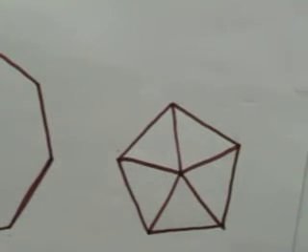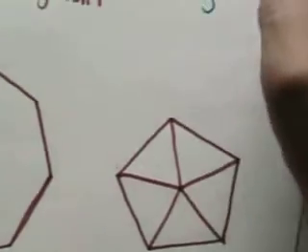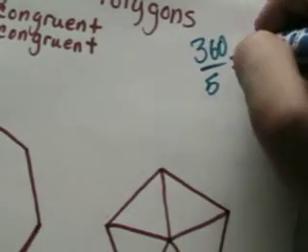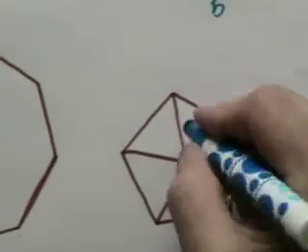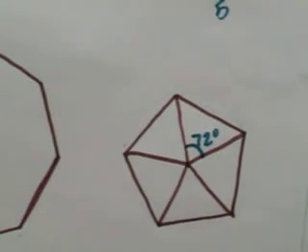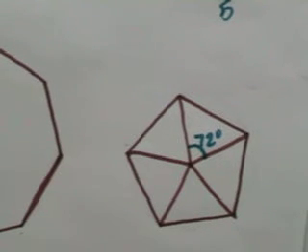I'm going to find the central angle by doing 360 divided by 5, and I'm going to get 72 degrees. So I know that all of these angles right there are 72 degrees. I'm going to find the other two angles really quick by doing 180 minus 72 and then dividing by 2.